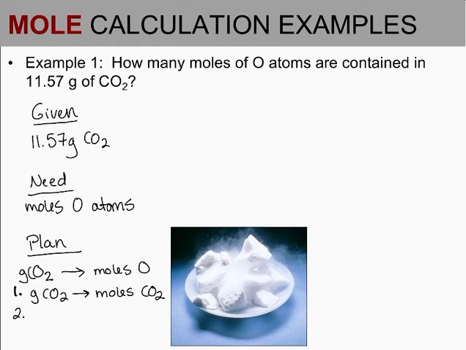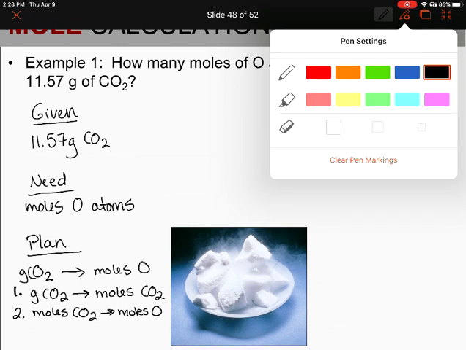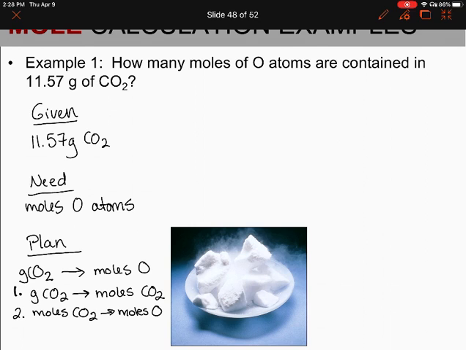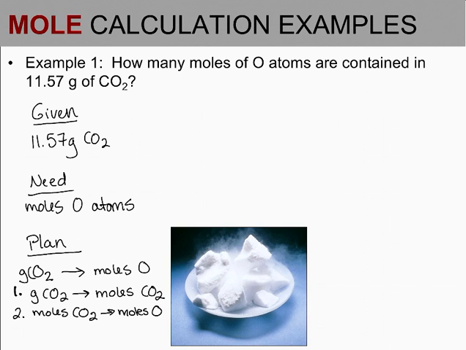So maybe we can use the moles of CO2 to get 2 moles of oxygen using that ratio. Okay, so let's write out this problem and we'll set up our conversion factors, and there's actually going to be 2 steps here.